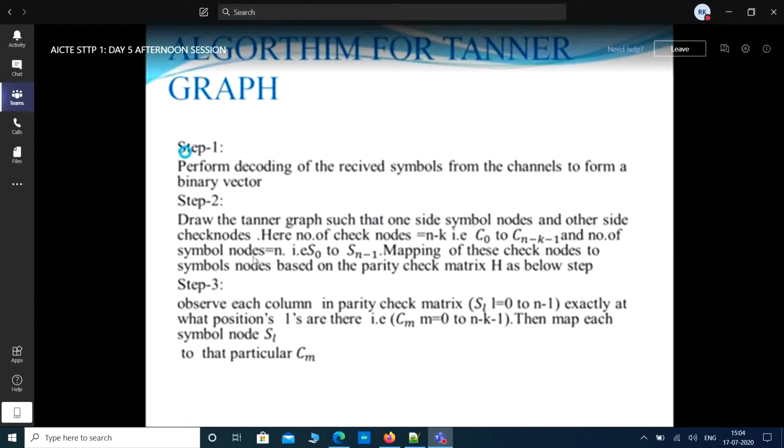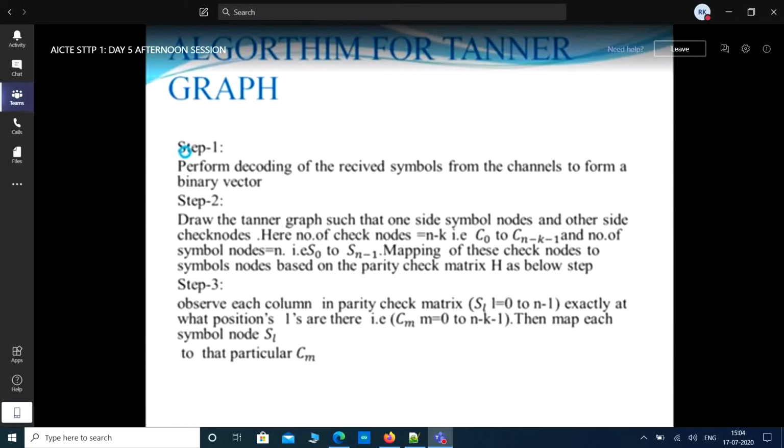The second step is to draw the Tanner graph such that one side has symbol nodes and the other side has check nodes. The number of check nodes is n minus k, and the number of variable nodes, or symbol nodes, is n. Check nodes are the parity check nodes.